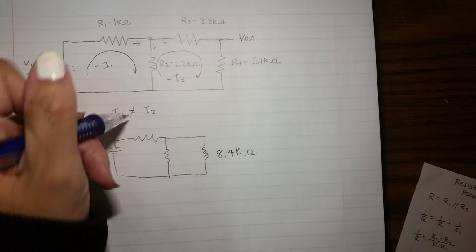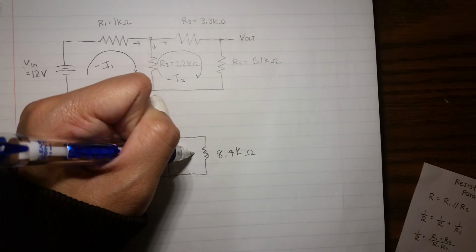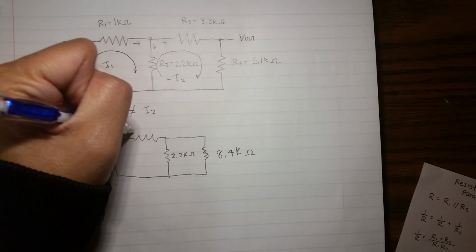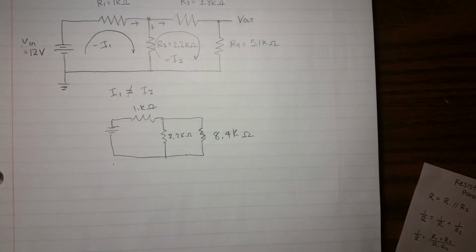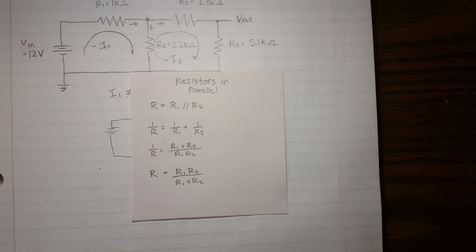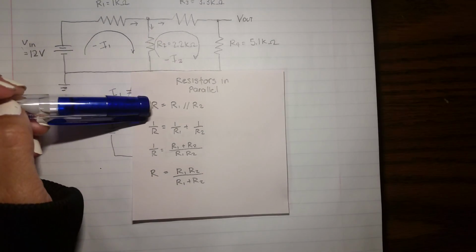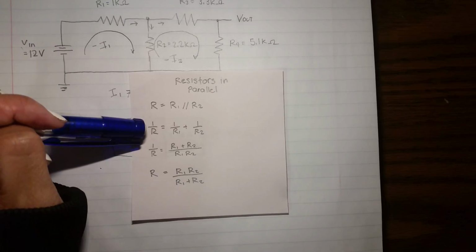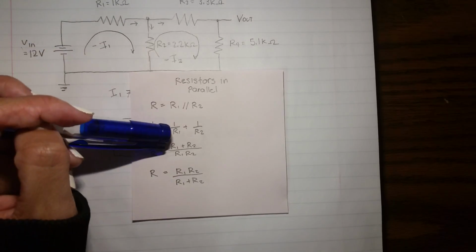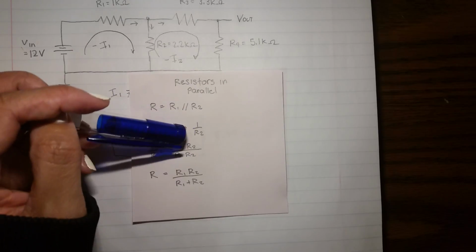Now we need to figure out what 2.2K ohms and 8.4K ohms are in parallel, and we are going to use this little formula for resistors in parallel. Basically, the reciprocal of the total resistance equals the reciprocal of the first resistor plus the reciprocal of the second resistor.